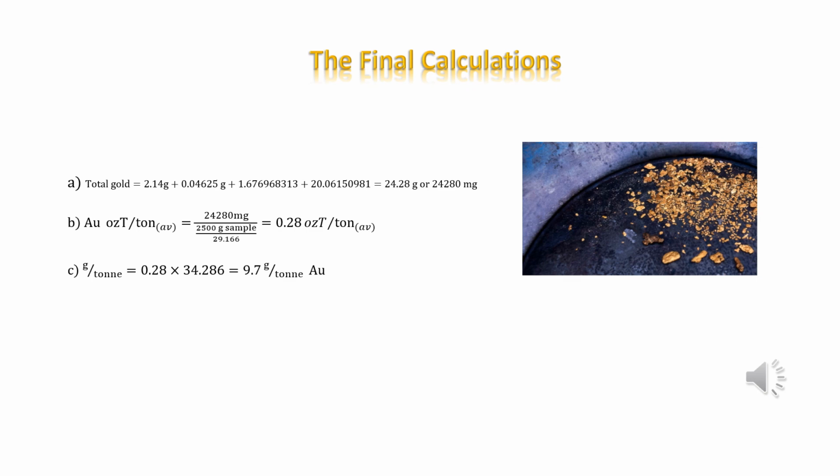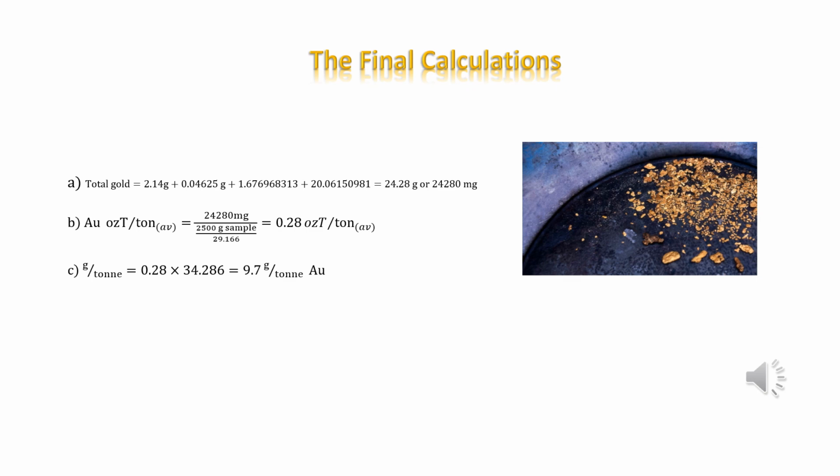Now we have to change that into milligrams. So we times that by 1,000, of course, and we end up with 24,280 milligrams of gold estimated from that 2,500 grams sample. Well, in order to work out the amount of ounces per ton in that dirt that you're digging, you take your 24,280 milligrams and you divide that by the assay ton system.